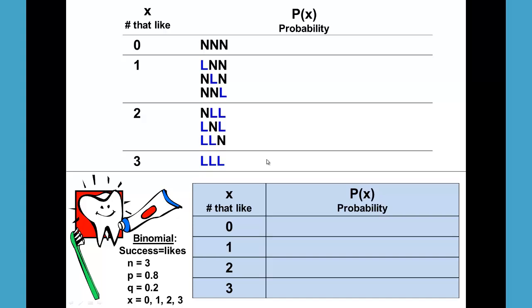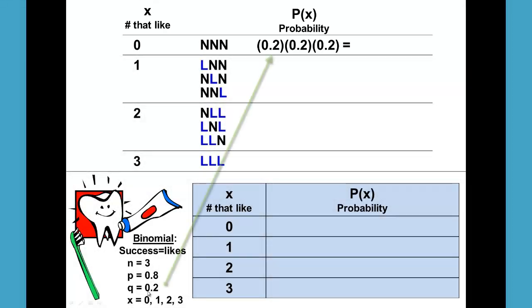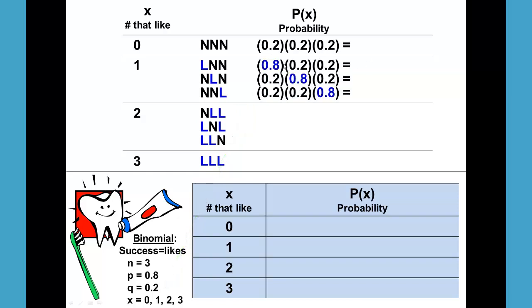Now let's figure out the probability for each of these that are shown. The probability of not liking the toothpaste is the Q. So for 0, that would be 0.2 times 0.2 times 0.2. For 1 liking, that would be 0.8, our success, times 0.2 times 0.2, 2 failures.